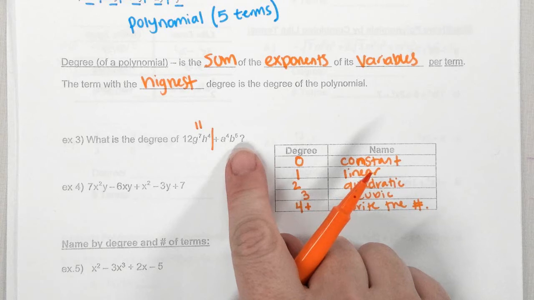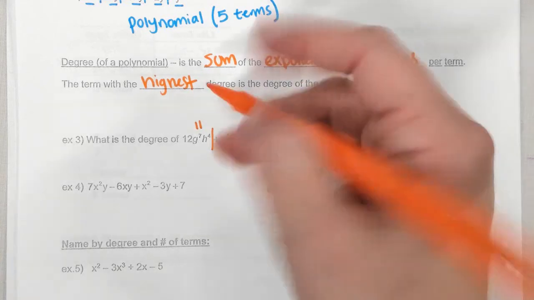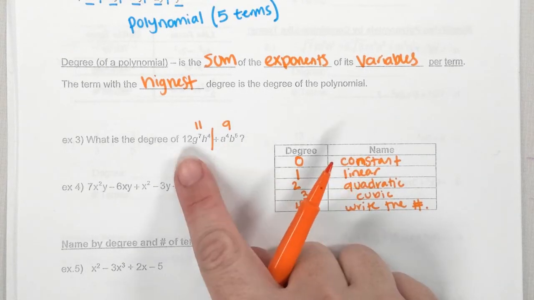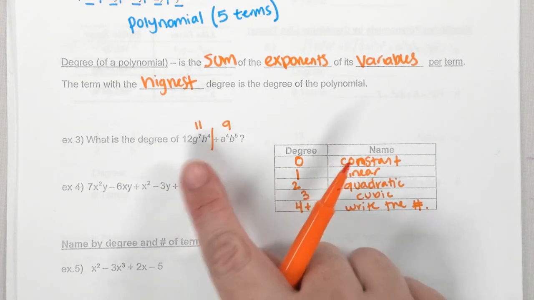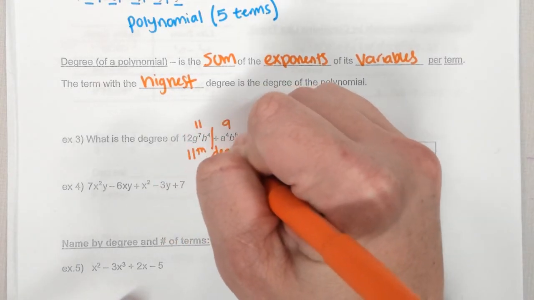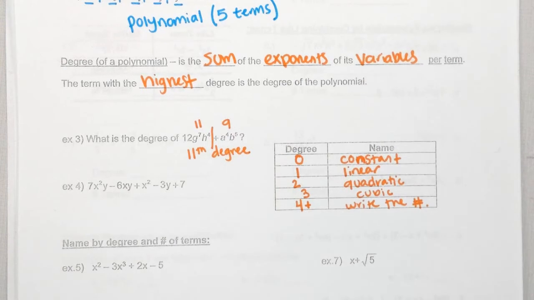And what's 4 plus 5 on my second term? 9. Okay, so which one's the highest? The one on the 11 is your degree of that polynomial. So this is 11th degree. That's our answer, because that's all it's asking, is what the degree is.